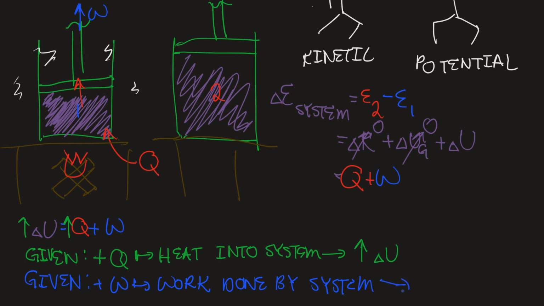Then once it does work on its surroundings, we expect the internal energy of a system to decrease, because some of that internal energy was used to push the piston up against the pressure of the surroundings. So we expect the internal energy of our system to decrease.